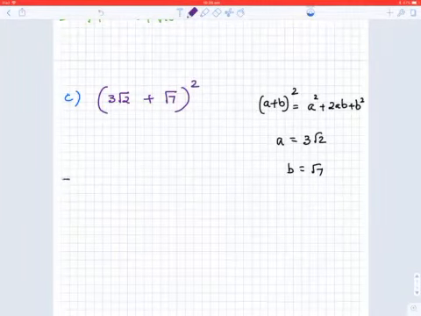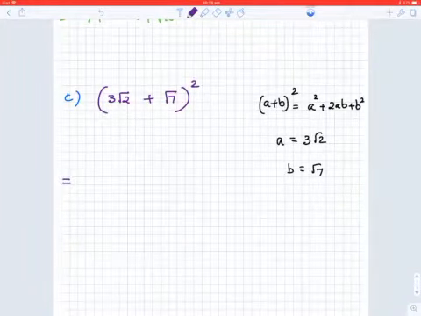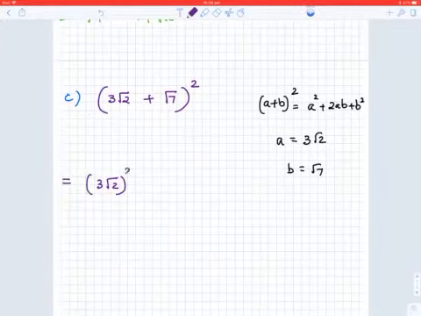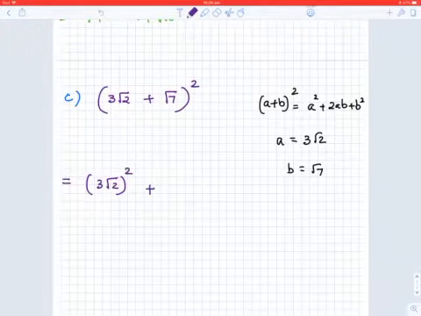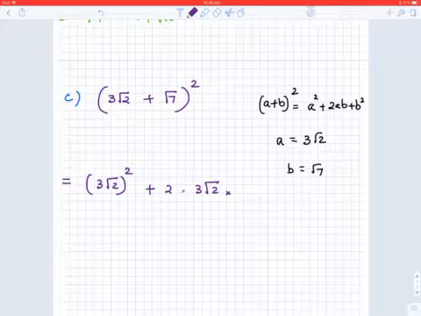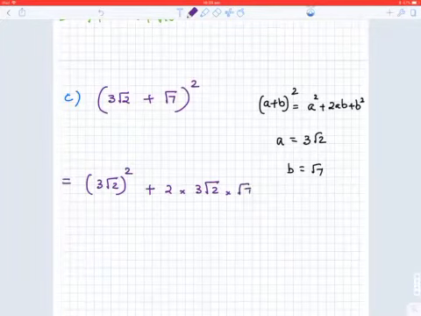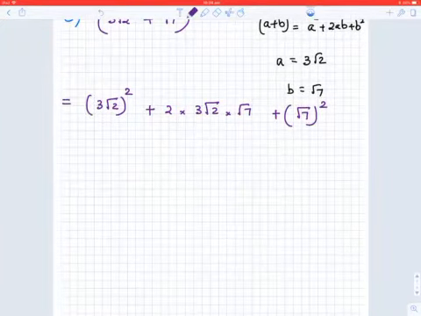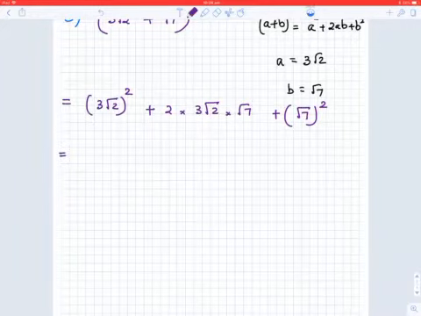Okay, so now we are going to start with the question. Now this can be written as a plus b the whole square is a square first. Your a is this, so a square would be 3 root 2 the whole square, plus 2ab, 2 times 3 root 2 times, I'm going to put the times a little smaller because it looks so big, then root 7, then plus b square, b is root 7, so square.